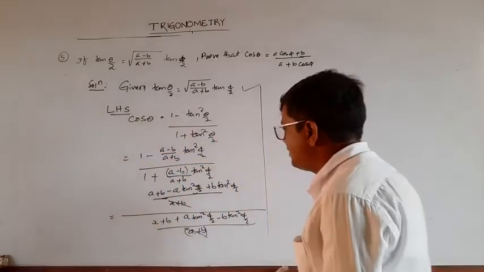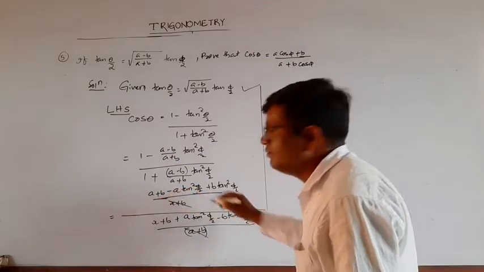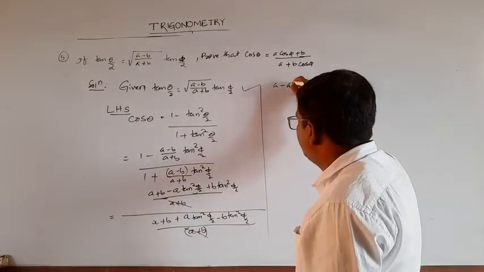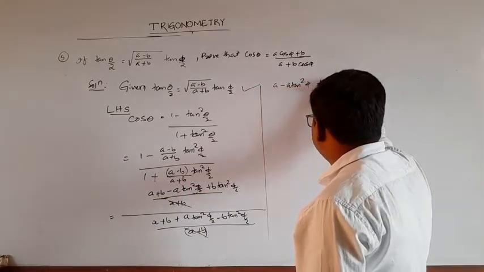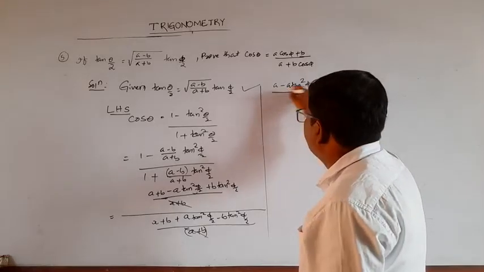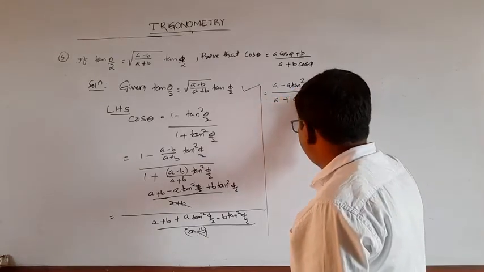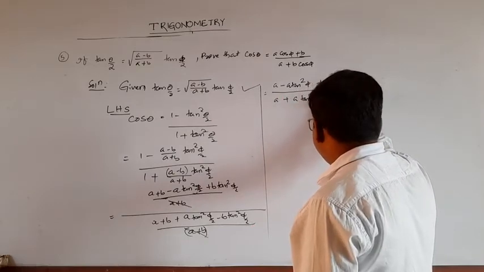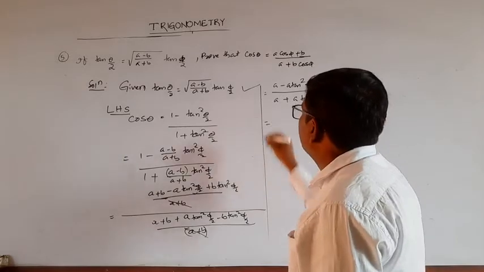Now here, write this as A minus A tan² φ/2 plus B tan² φ/2, divided by A plus A tan² φ/2 plus B minus B tan² φ/2.